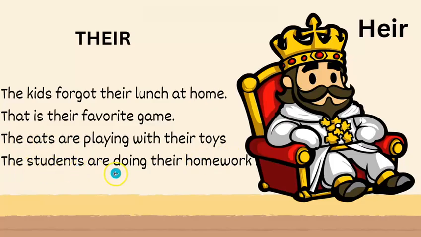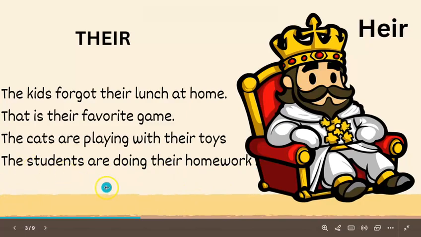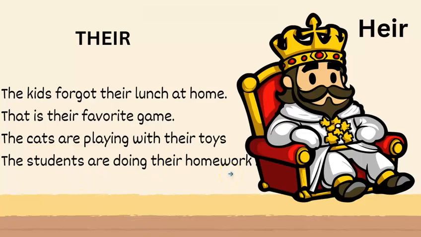The students are doing their homework. It simply means whose homework is it? It's theirs. So the students own the homework, so it is their responsibility to do it, right? Good job.